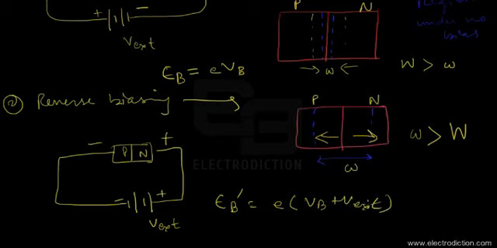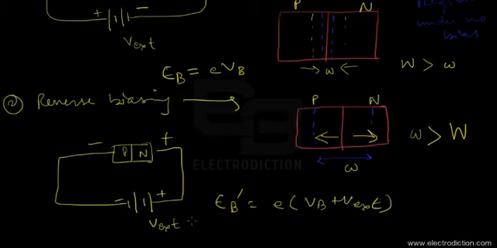So the voltage barrier, or rather the energy barrier, which is required for the majority carriers to overcome, increases under reverse biasing conditions, as the effective barrier voltage increases upon the application of the external voltage.